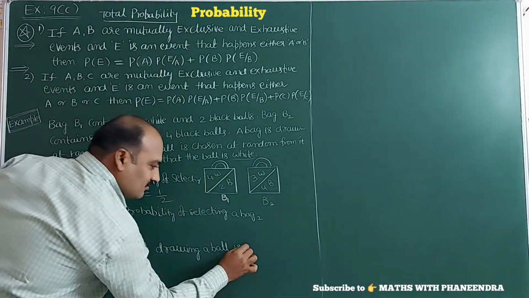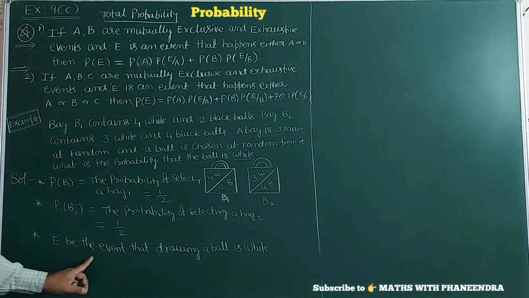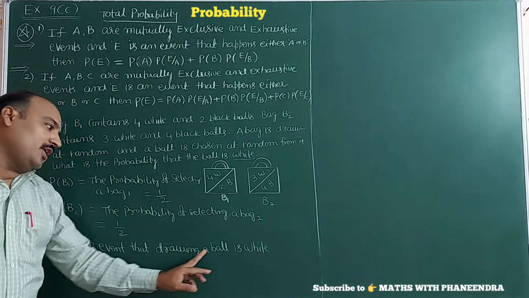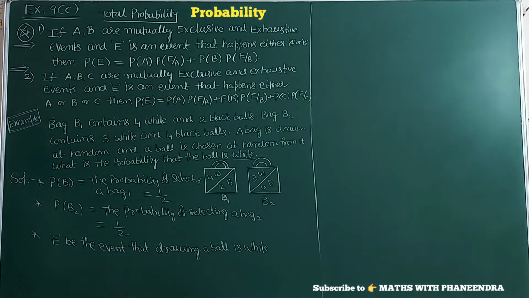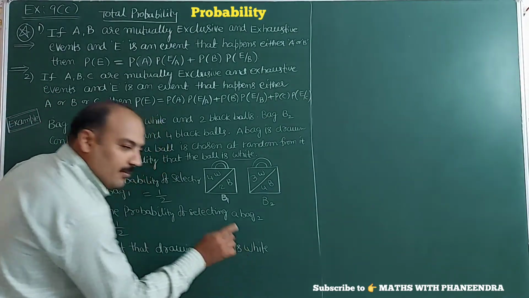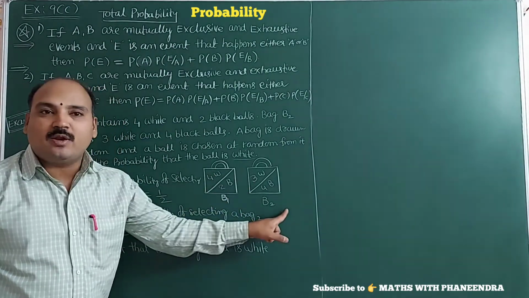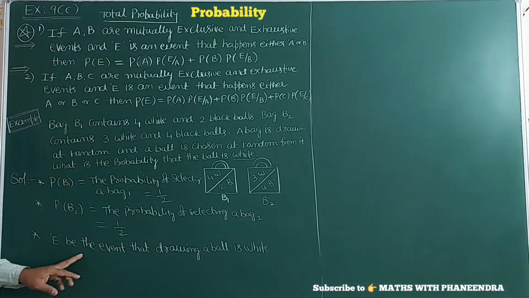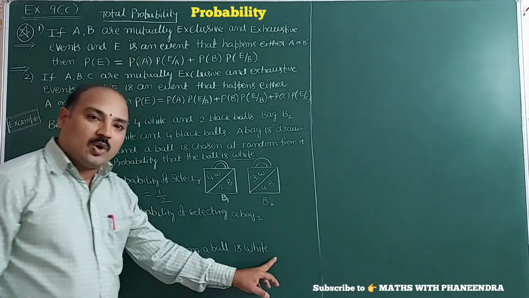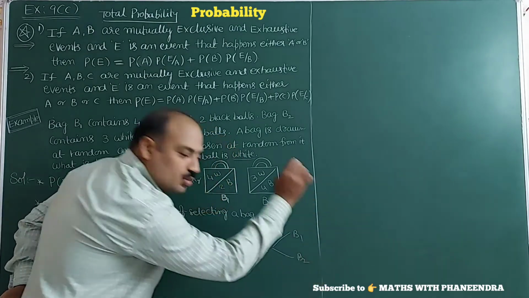White. E be the event that drawing a ball is white. Here two possibilities are there. So what are the possibilities? The ball is white either from bag 1 or from bag 2. So the event that drawing a ball is white is either from bag 1 or from bag 2.